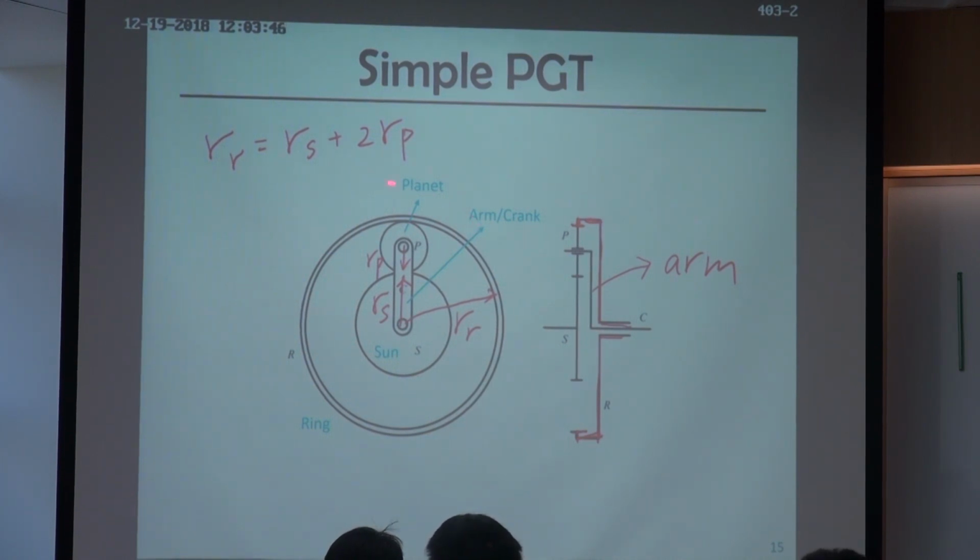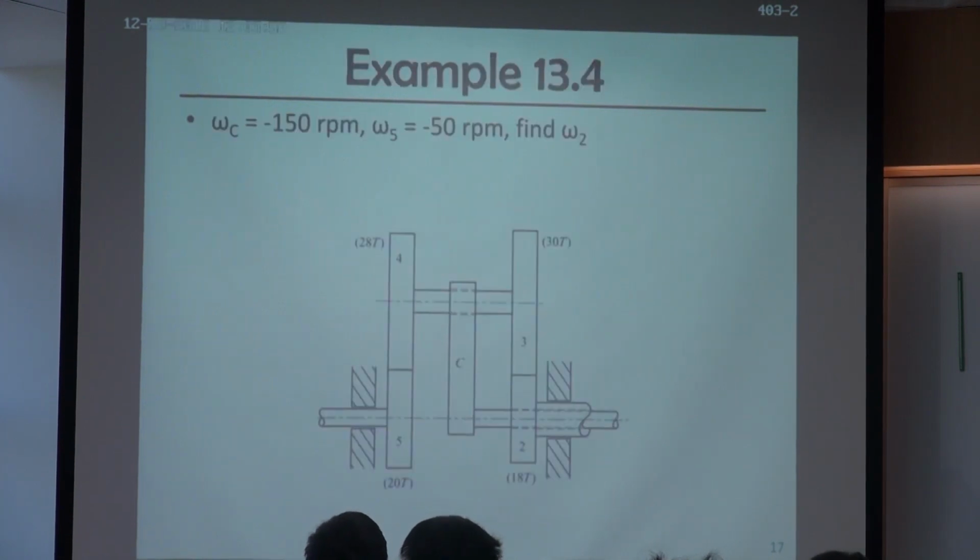And for some planetary gear trains, we don't always have a ring gear, or sometimes we may remove the arm. Yeah, but it should still work anyway. So here is just an example. It's the planetary gear, but without the ring gear. Yeah.